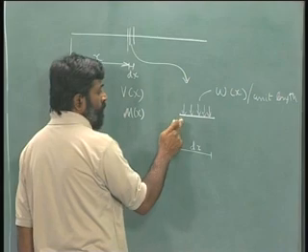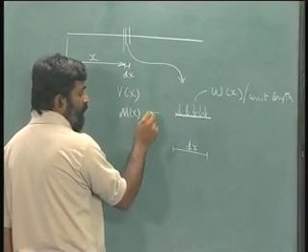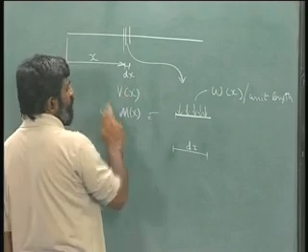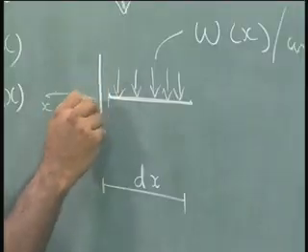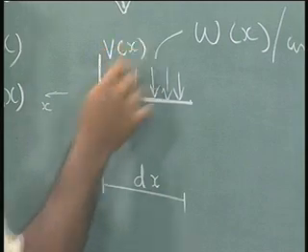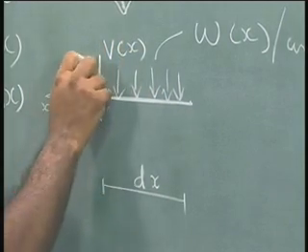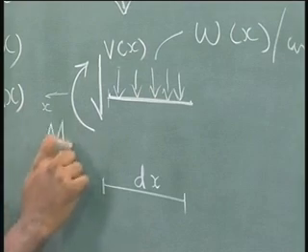Now, let us draw the bending moment. This has a negative sense like this, and therefore, this is the positive sense of shear force V at x, and bending moment will be like this, which is M at x.